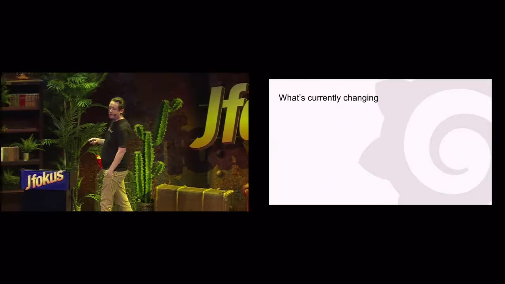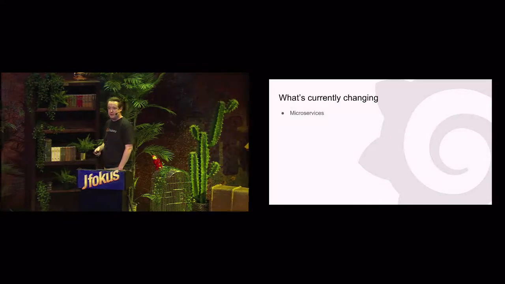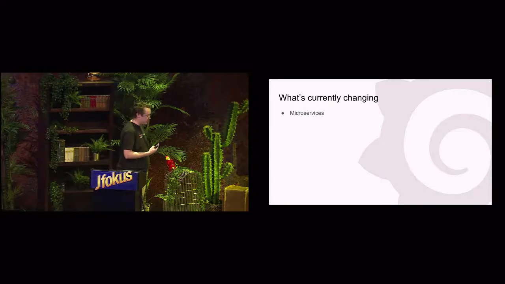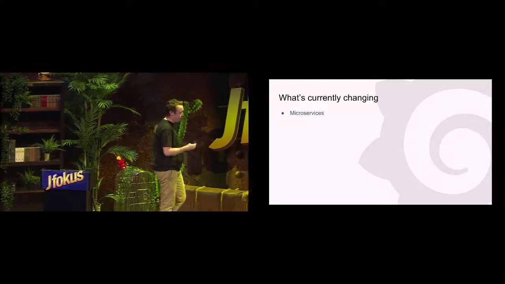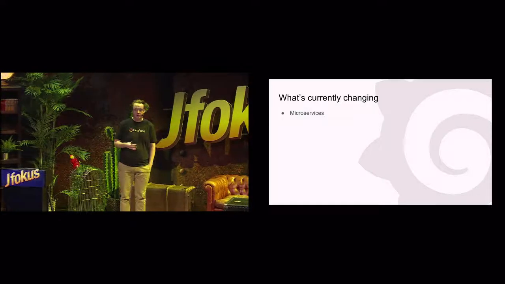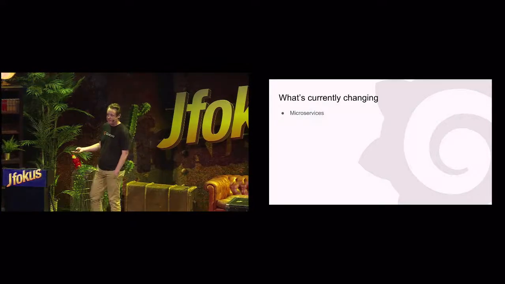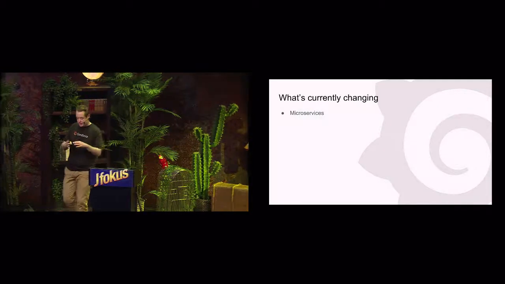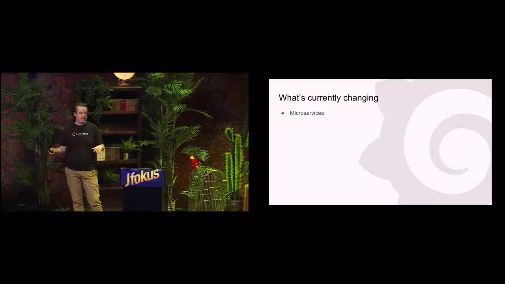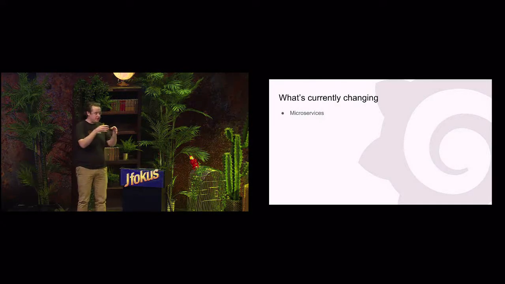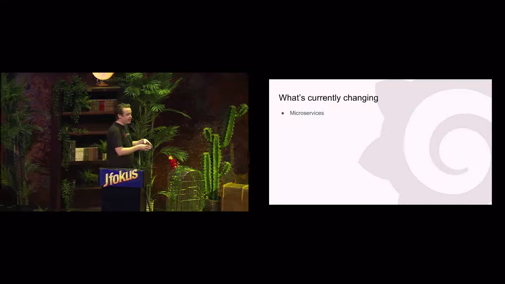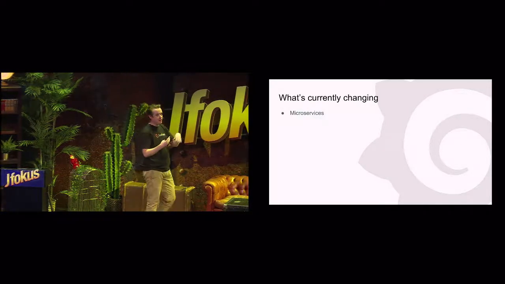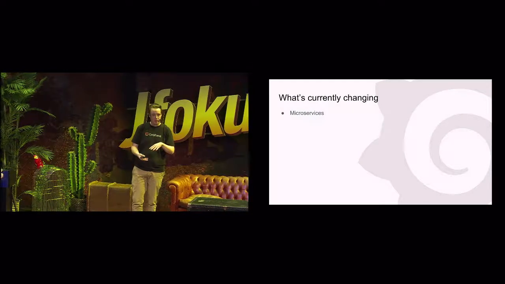And if we start looking at the current tech landscape, we see a few big changes. Microservices, that's quite a big change. So going from a monolithic deployment, we now deploy maybe 100 services instead. And validating that the whole system is working when you deploy one service is kind of tricky. Because even if the service you deploy is working, upstream or downstream systems might not be working. And it might cause errors later, not when you deploy it.